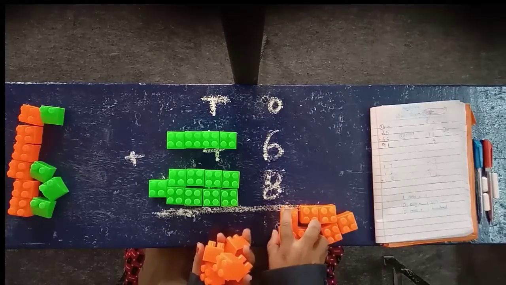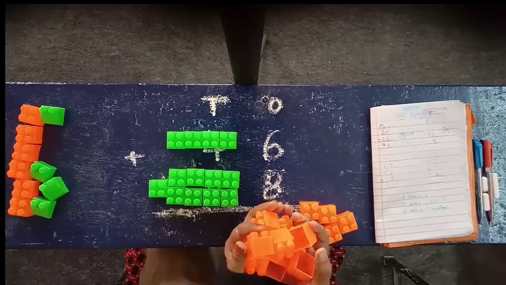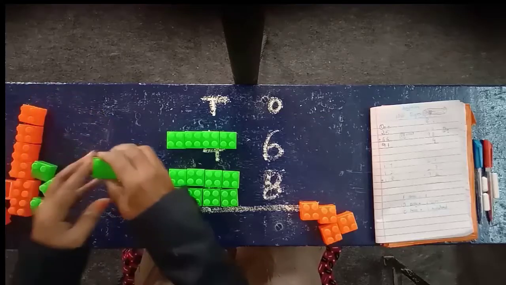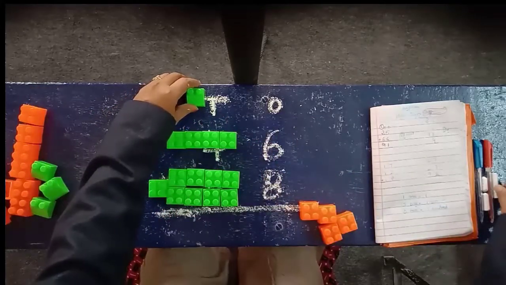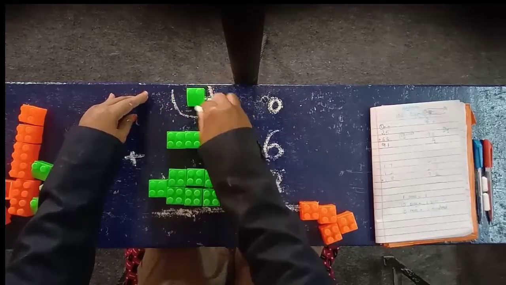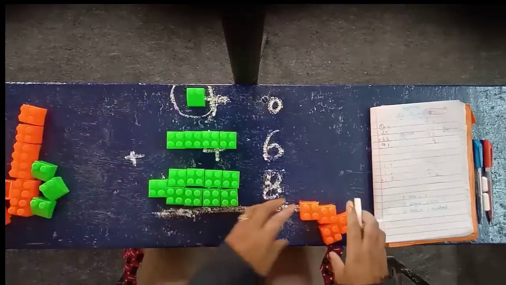So instead of 10 orange boxes, I am taking 1 green box as a carry. This is a carry, children, in the tens. Why? Because we need to write only 1 digit in the answer.